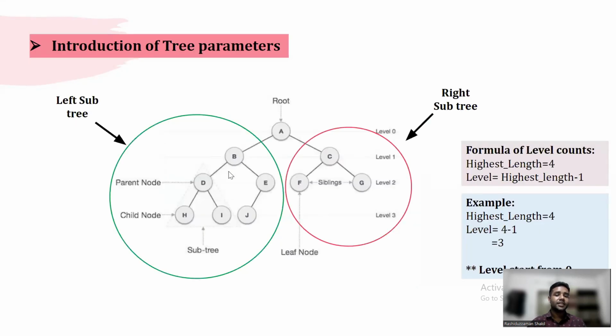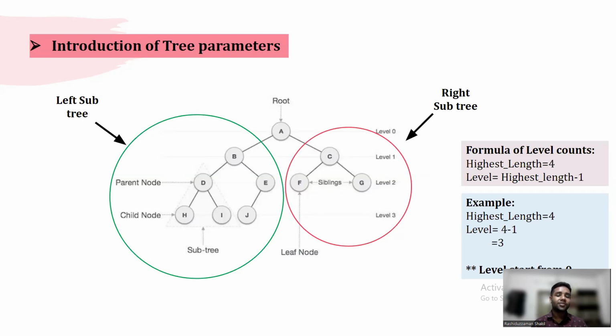In this slide, I introduce tree parameters. A tree has components like the parent node, child node, and the relationship between two child nodes is called siblings. And we can divide from the root into two distinct portions: the left-hand side is called the left subtree and the right-hand side is called the right subtree.